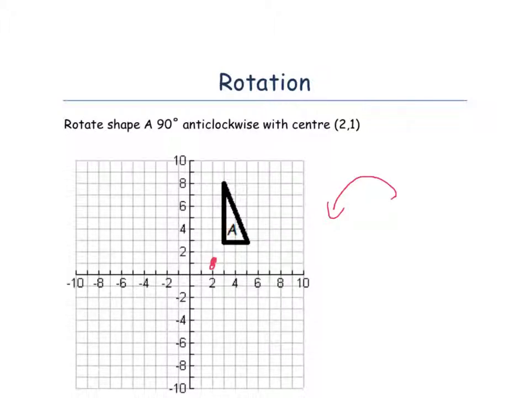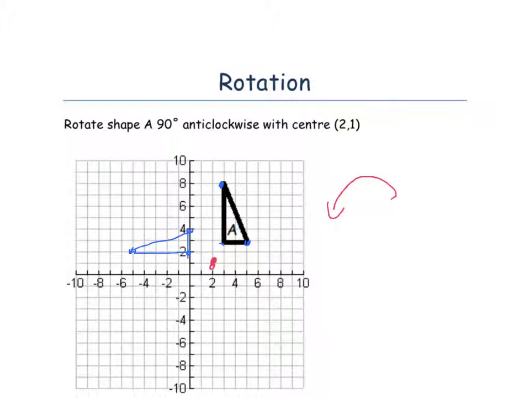If you use your tracing paper to do this, you should find that this point here is now located here, this point up here will now be there, and then the final point, that point here, should be here, and then draw in the new shape.